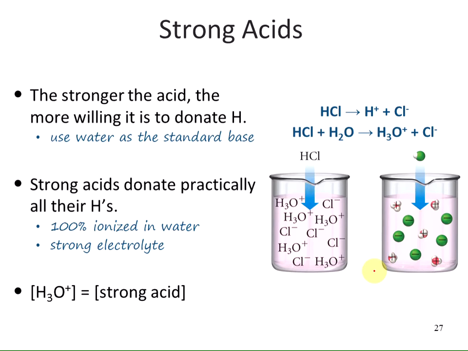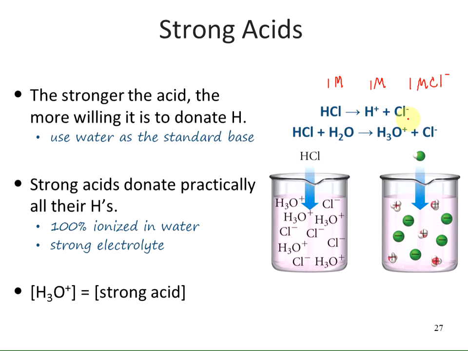So the concentration of the hydronium ions, the H+ ions, is going to be equal to the concentration of the strong acid because it completely dissociates. So if we put in 1 molar HCl, all of that breaks up to form 1 molar H+ and 1 molar Cl-.